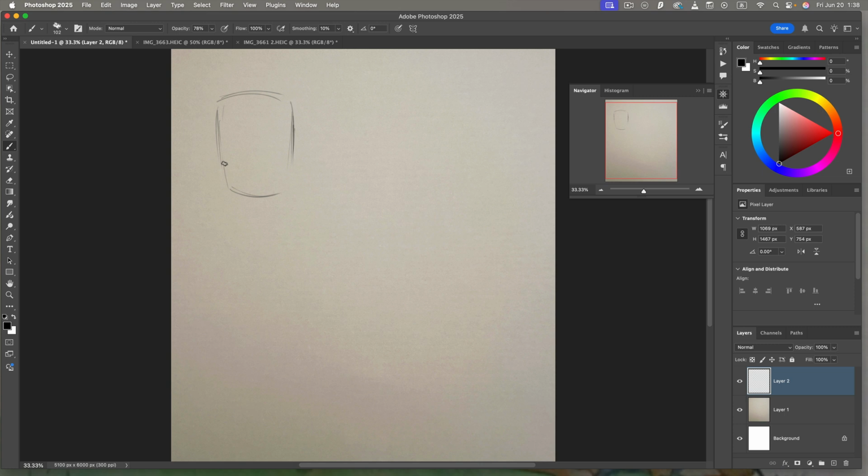Now you see the kind of shape I'm making right now. It doesn't really matter what kind of shape it is. The important thing is you have to see it as a volume.